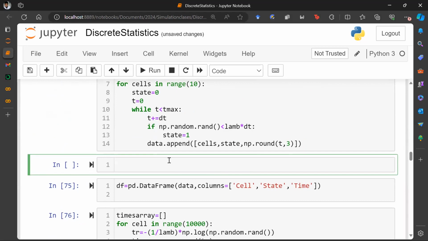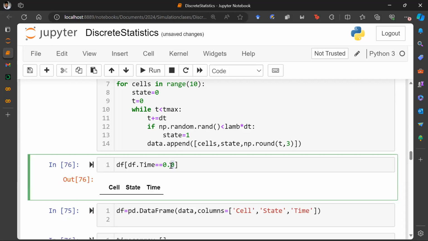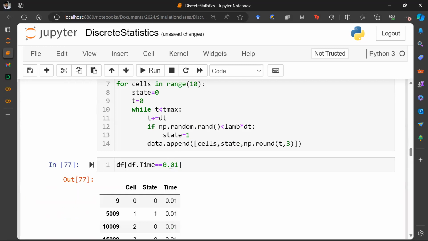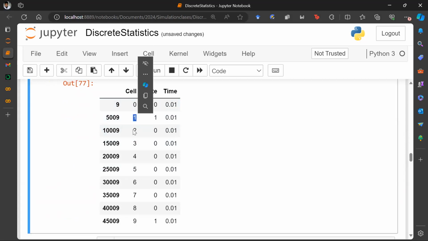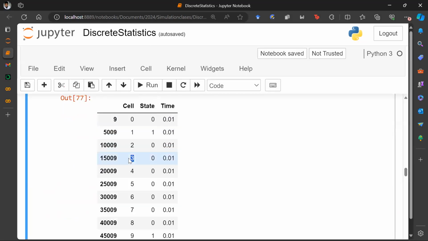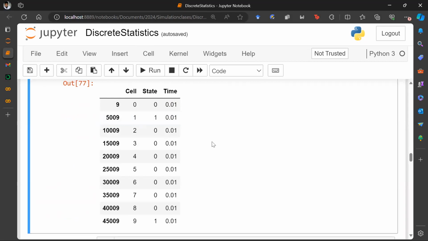So how? For instance, I can say, find me the data such that the time is 0.01 maybe. Okay. So you have all the states of the cells, cell 0, cell 1, cell 2, cell 3, cell 4, and their particular state at time 0.01.